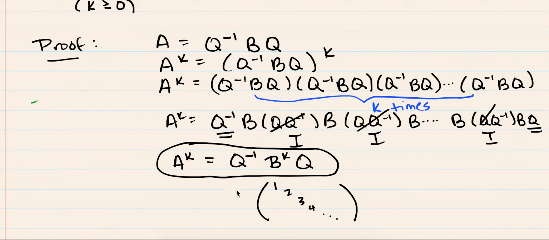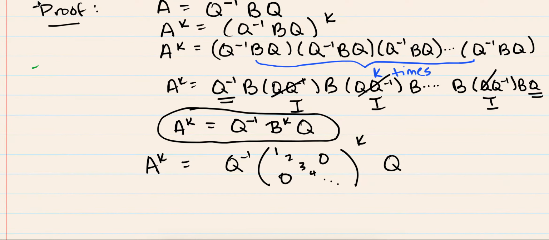And if you know what this Q inverse is, and this Q is, if you want to figure out what A to the K is, well, then you just have to multiply this diagonal matrix K times. And when you multiply a diagonal matrix with itself, all you're doing is multiplying these entries by themselves. So in other words, this would be equal to 1 to the K, 2 to the K, 3 to the K, and so on.